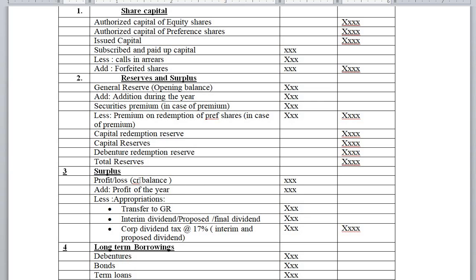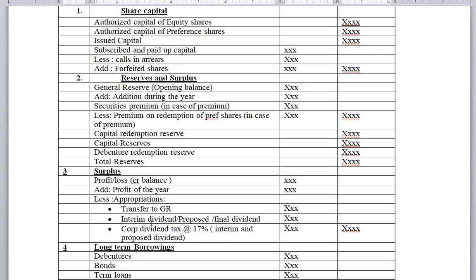Okay, so to the credit balance of profit and loss given in the question, you add your current year profit. And if you have prepared a profit and loss appropriation account, the transfer to GR and whatever items are there, like transfer to general reserve, final dividend, interim dividend or proposed dividend given in the question, that amount will be subtracted.